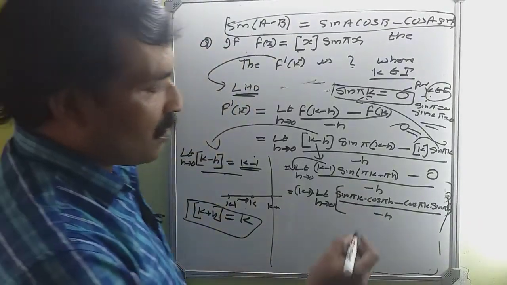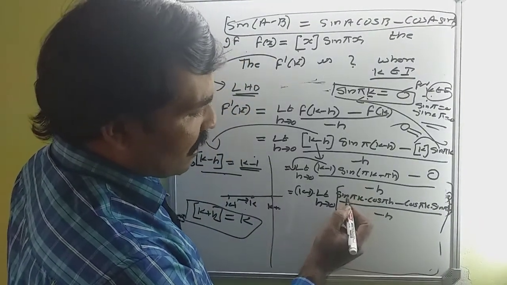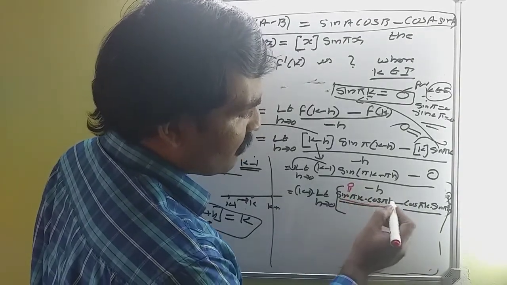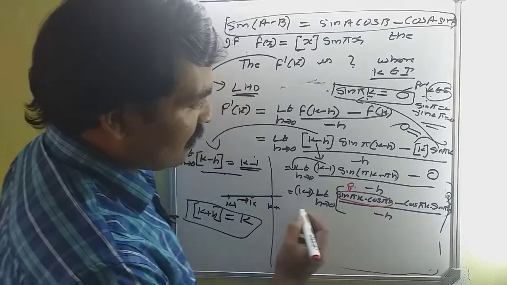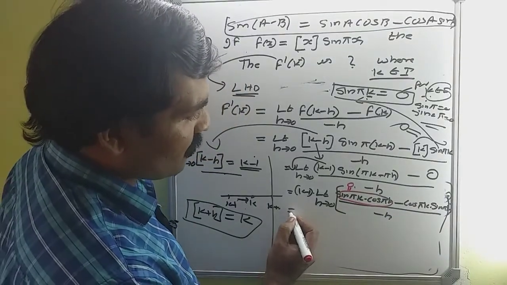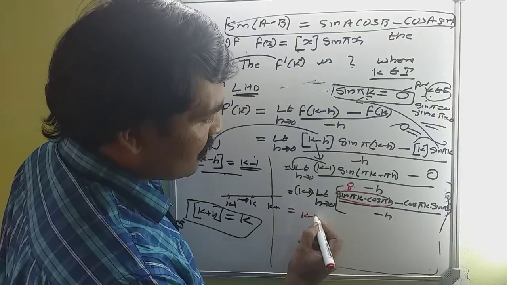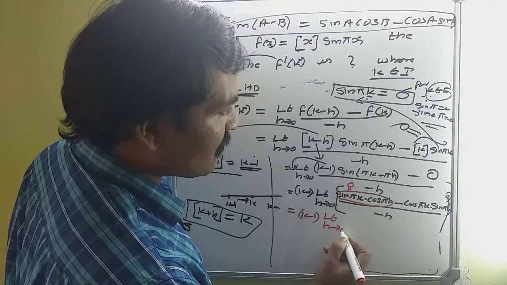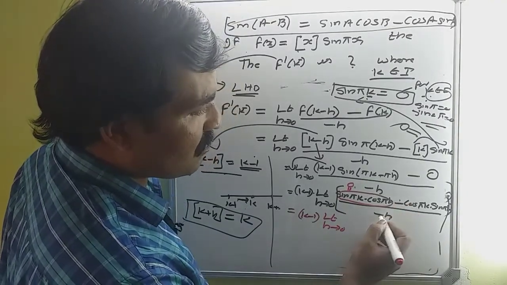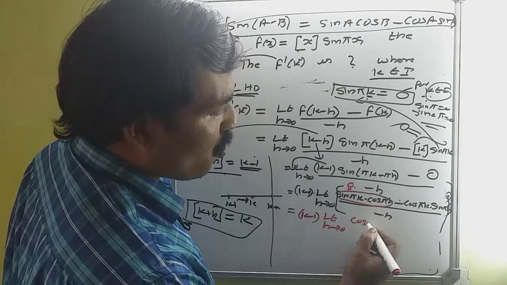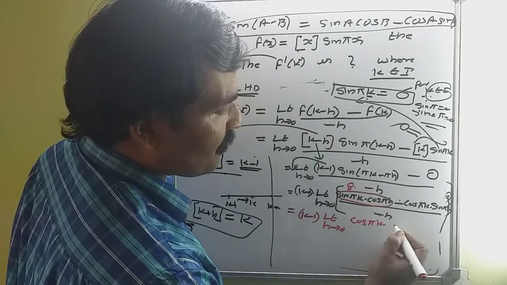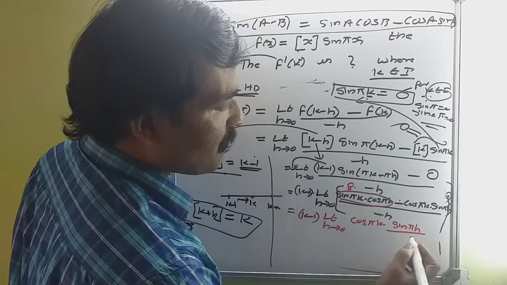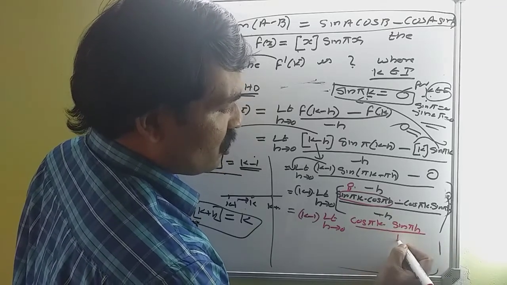Again, sin pi k is equal to 0, so this term becomes 0. Then the remaining term is k minus 1 into limit h tends to 0. The minus and minus become plus, that becomes cos pi k into sin pi h divided by h.